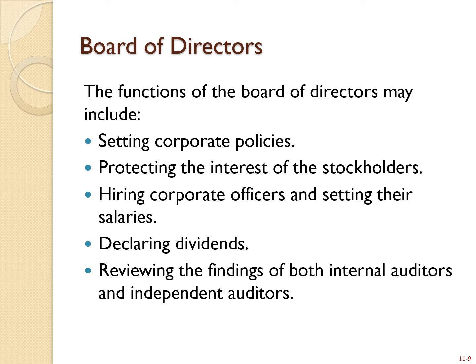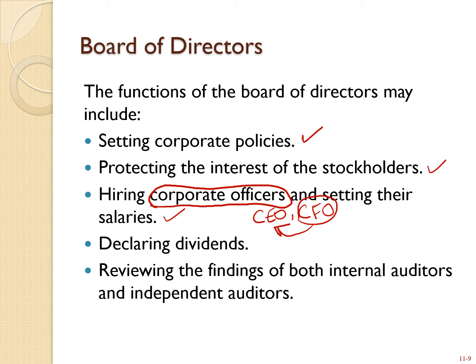The functions that the board of directors may include are setting corporate policies, protecting the interest of shareholders, ideally, and hiring corporate officers, mainly corporate officers that really need the decision of the board of directors: the CEO, the chief executive officer, the big boss of the company, followed by the CFO, the chief financial officer. This guy knows a lot and usually is the right hand of the CEO, and most of the times he's the successor of the CEO.